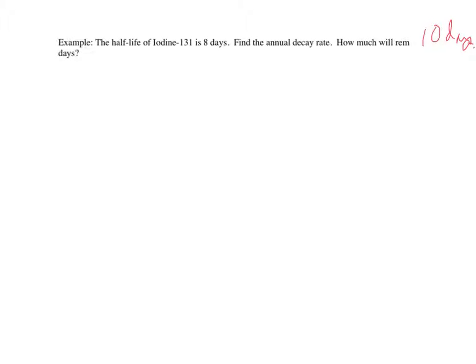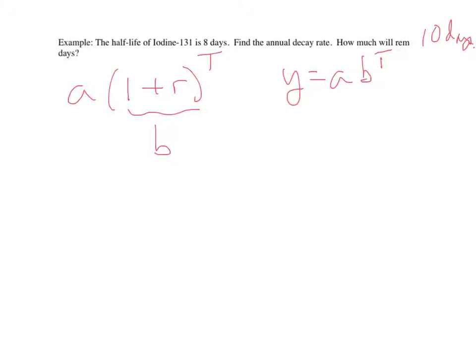All right, so to find that annual decay rate, what you have to think back to is when we talked about exponential models initially, that was our b, our base, where it was 1 plus the rate. Since this is decay, we know the rate's going to be negative. You also know that y equals ab to the t.